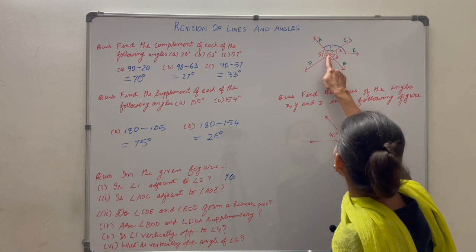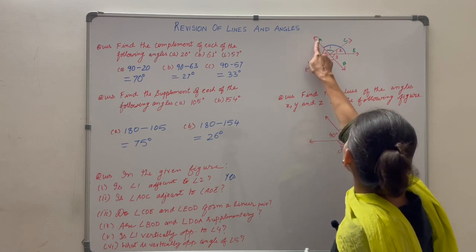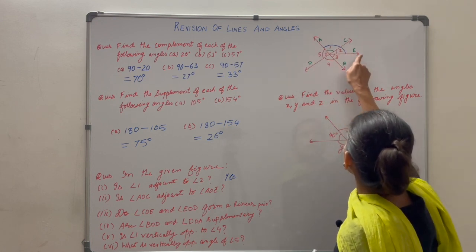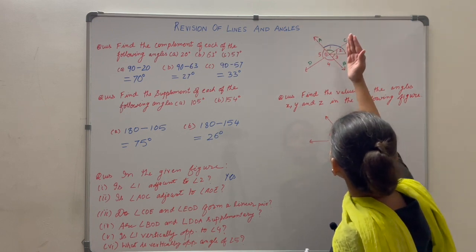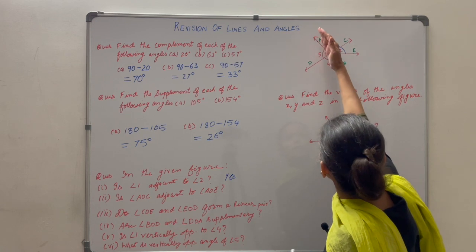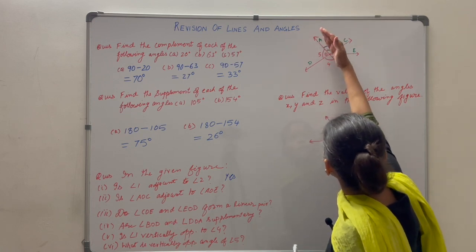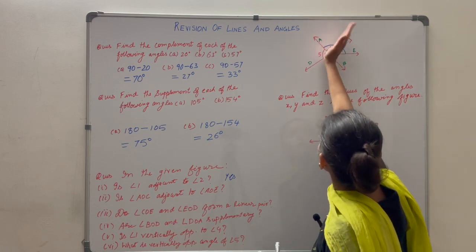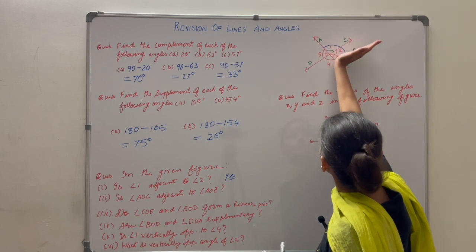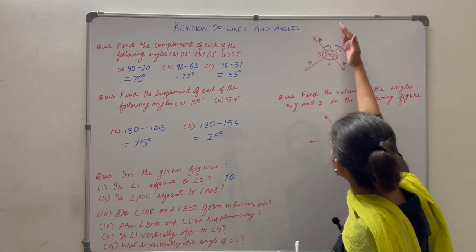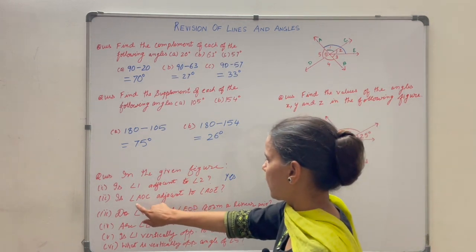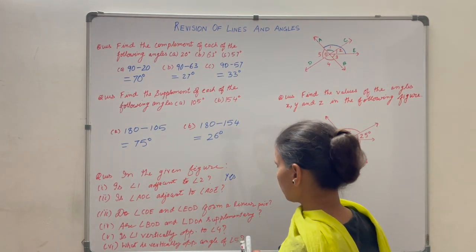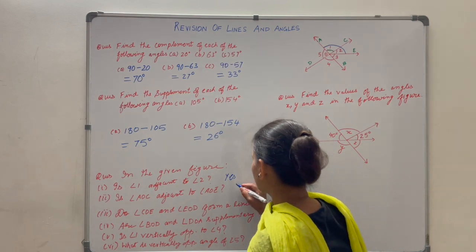Do they have a common arm? They have a common arm OA. Are the non-common arms on either side of the common arm? No. They are both on the same side of the common arm OA. So they are not adjacent angles. The answer is no.